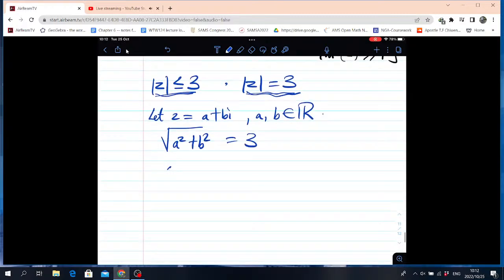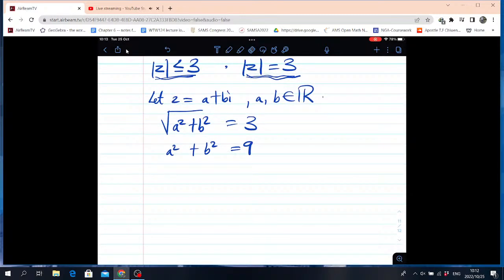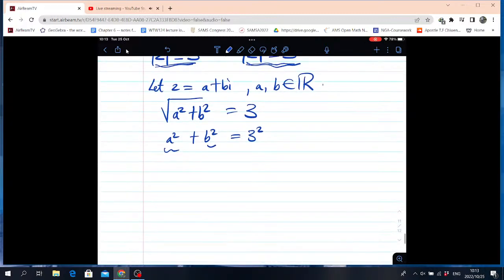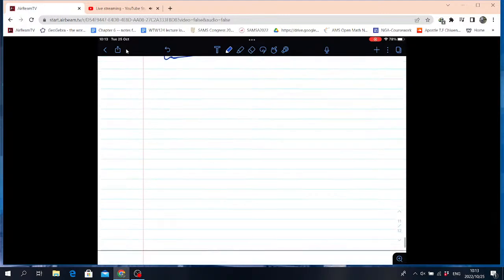In other words, A squared plus B squared is equal to 9, or you can just write it as 3 squared, right? So if you think of these as X and Y, you see that this is just a circle with radius 3.